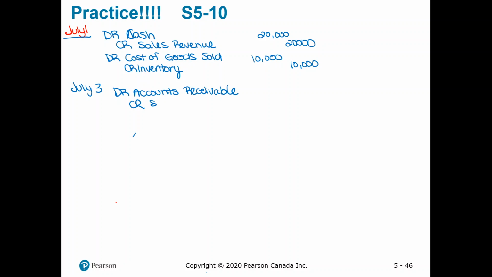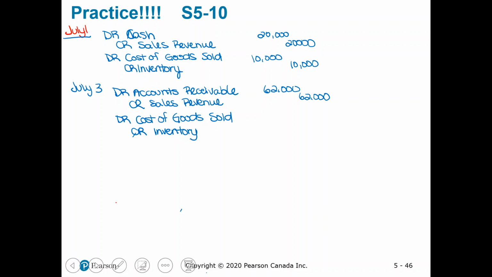Still credit our sales revenue. And we sold them for $62,000. But we also need to decrease our inventory, move it into cost of goods sold. So we debit cost of goods sold, credit inventory, and the cost was $31,000.